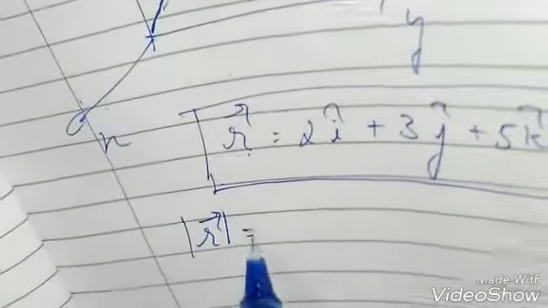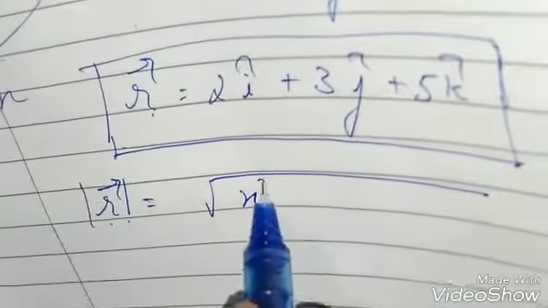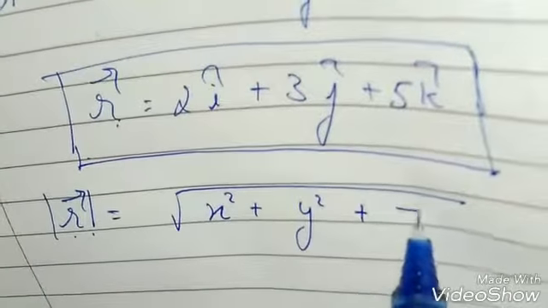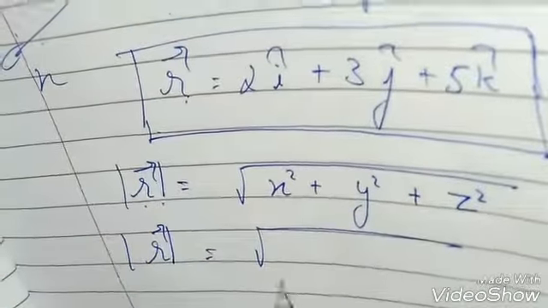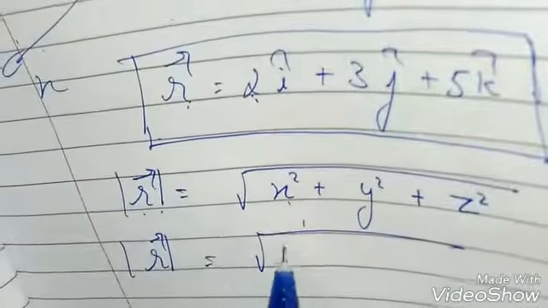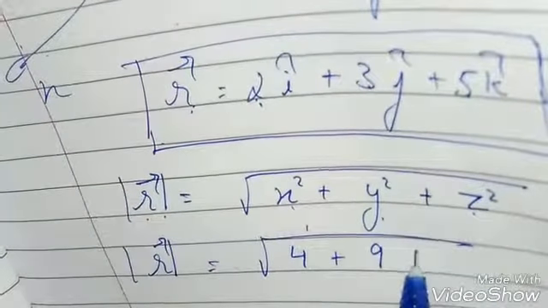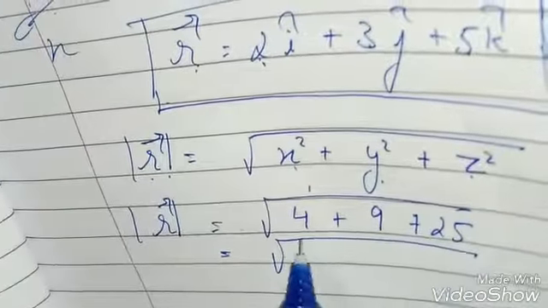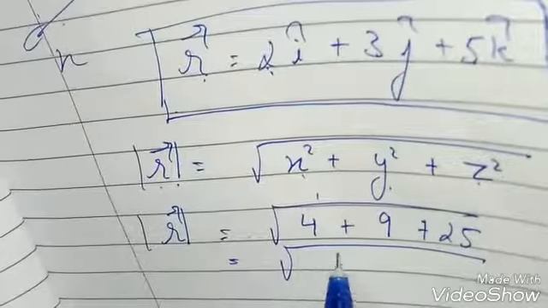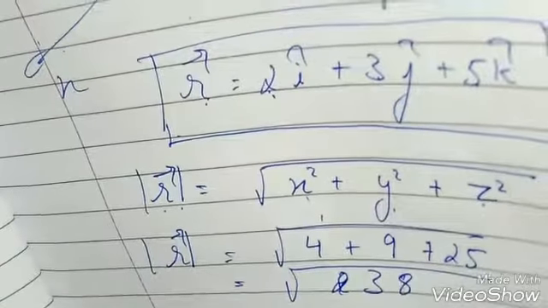If you talk about magnitude, there is another formula: the magnitude of r is equal to the square root of x squared plus y squared plus z squared. Hence the magnitude of r vector is equal to: x is here 2, so 4, y is here 3, so 9, z is here 5, so 25. The sum is 38, so the square root of 38.